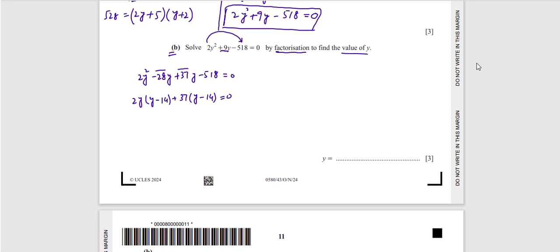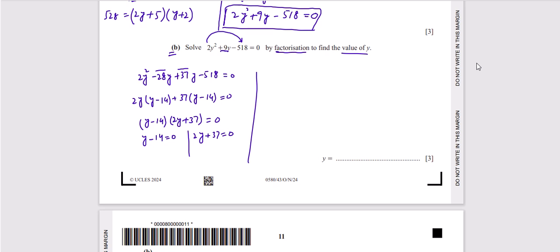So y minus 14 we take also common, and the second pair is 2y plus 37 is equal to 0. Both pairs are equal to 0. y minus 14 is equal to 0 and 2y plus 37 is equal to 0.